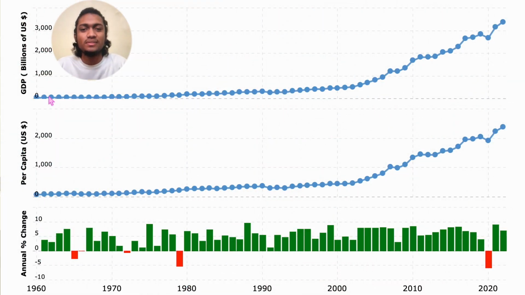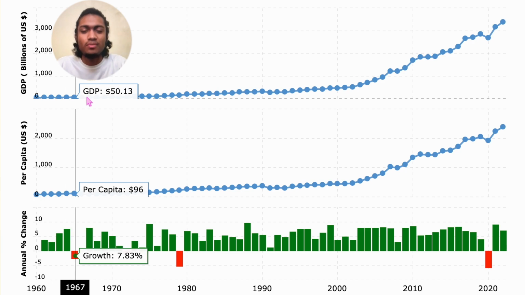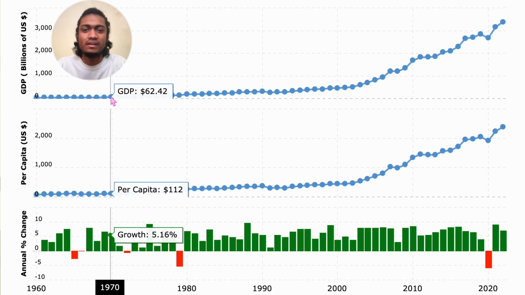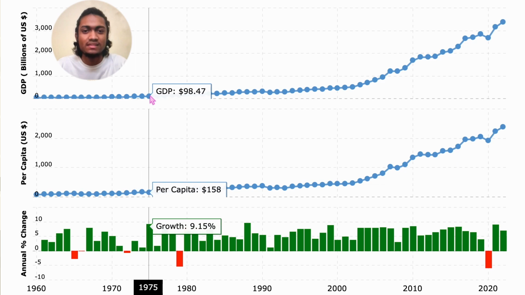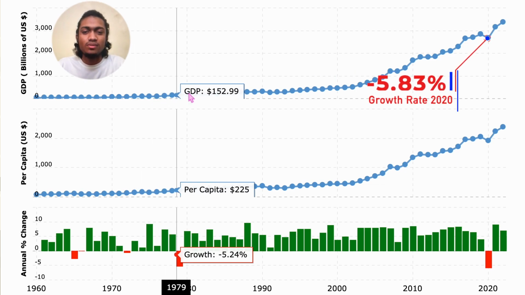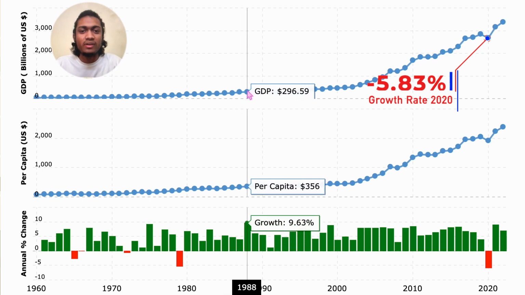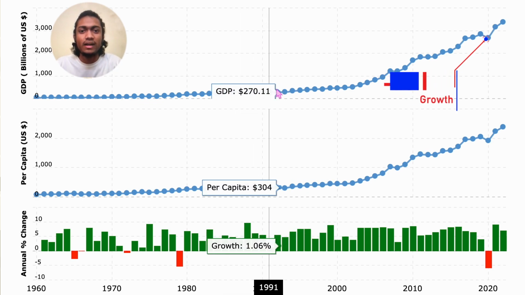Analyzing economic growth. We will begin with discussing GDP. As you can see from the graph, India's GDP growth rate has been volatile in recent years, but it generally trends upward. The COVID-19 pandemic caused a sharp decline in the GDP growth rate in 2020, but it rebounded strongly in 2021 and 22.